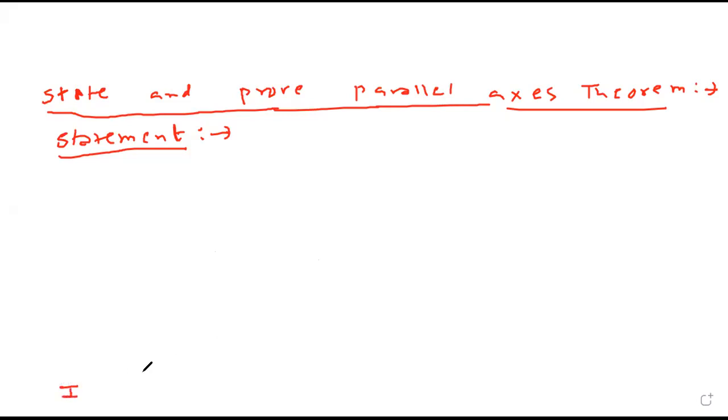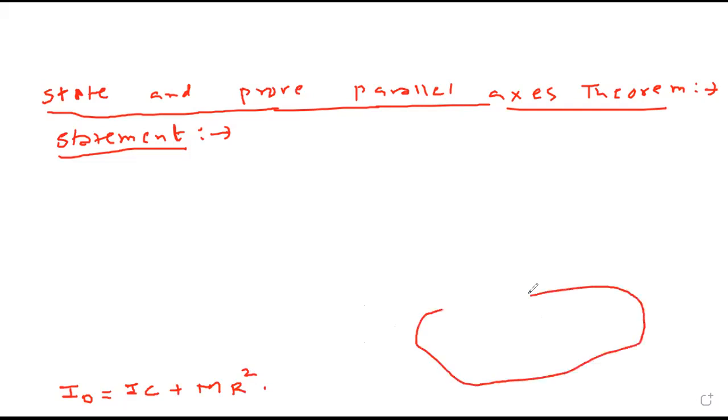I means moment of inertia, O means any axis, IC is moment of inertia about center of mass, M is total mass, R is square of distance between two parallel axes. So this particular equation is actually parallel axis theorem.